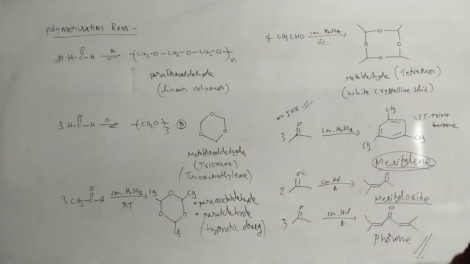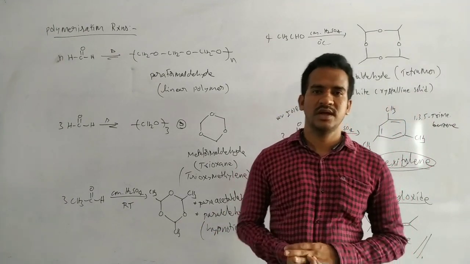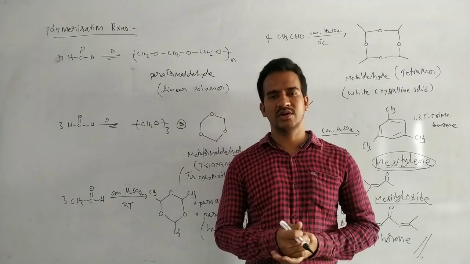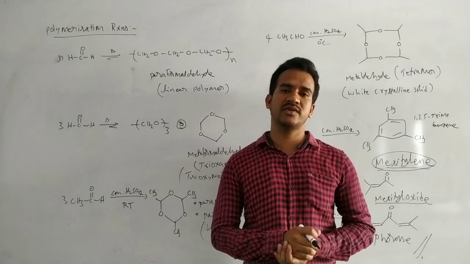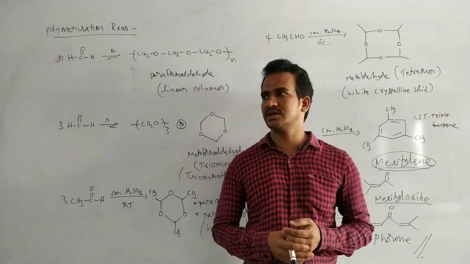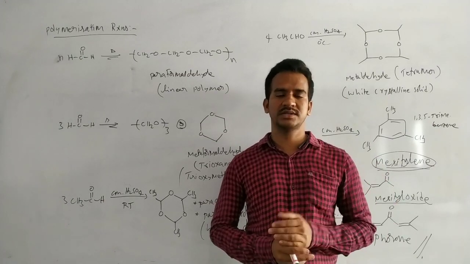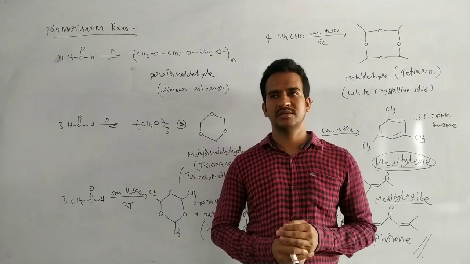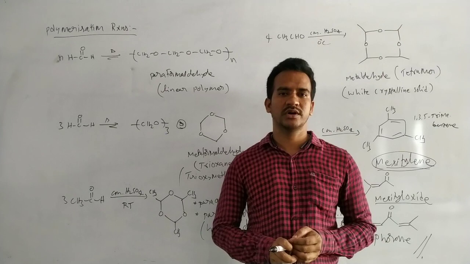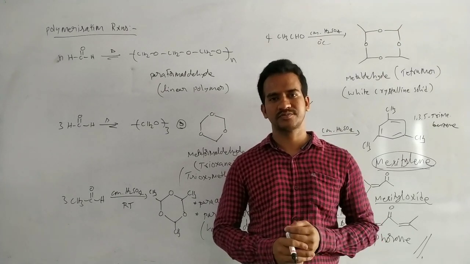So that is about the carbonyl compounds. This chapter is a very, very important chapter, and most of the questions from these carbonyl compounds include oxidation as well as reduction. Of course, in this chapter we didn't discuss oxidation and reduction reactions, but we already completed them in the alcohols preparation methods and properties. So once again refer to those reactions.